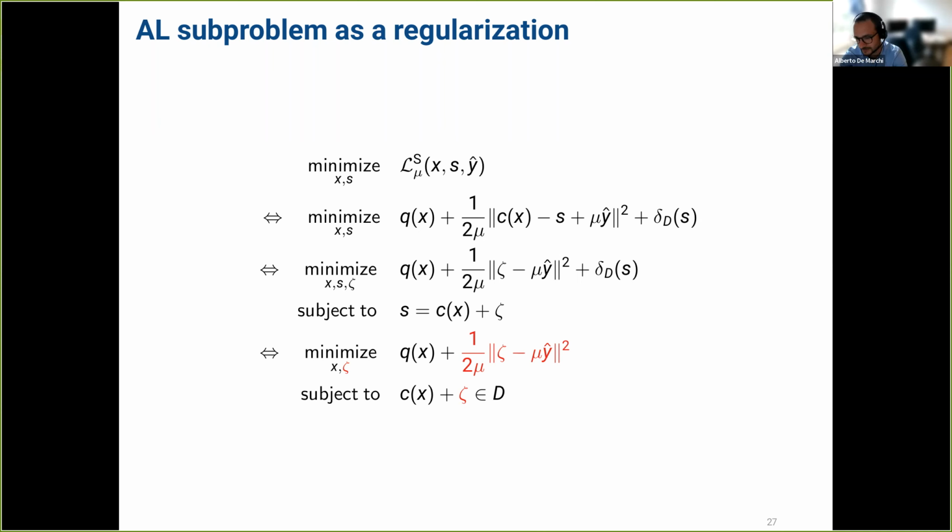In every iteration of the augmented Lagrangian scheme, we adjust the penalty parameter and the dual estimate in order to make this approach easier. So without the dual estimate, if the dual estimate is always equal to 0, then this is just a penalty.